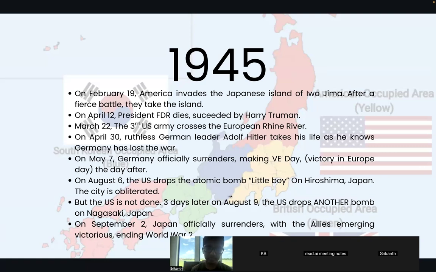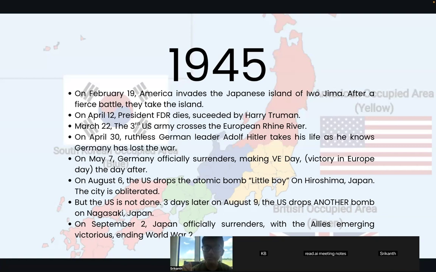But the US isn't done. Three days later, on August 9th, the US drops another bomb, this time on Nagasaki, Japan. Fun fact, they actually meant to drop the bomb on a different city, but they didn't succeed and dropped it on Nagasaki instead. Now, the Nagasaki bomb was called Fat Man.